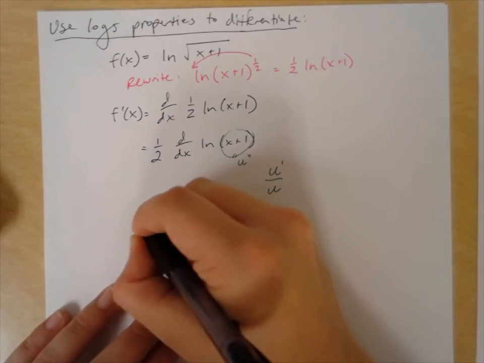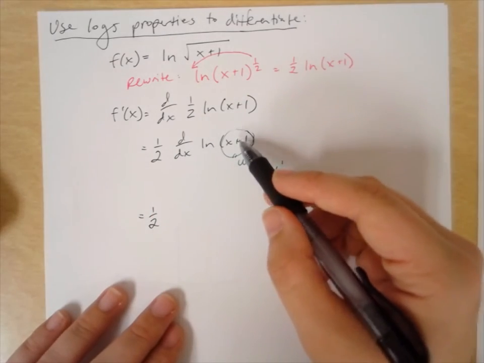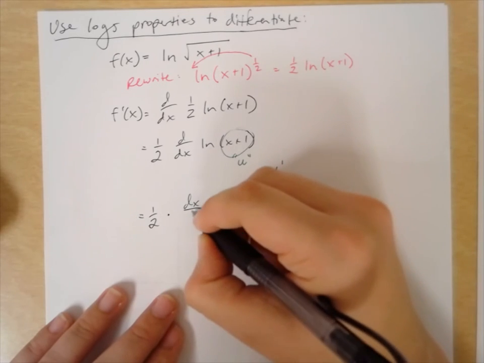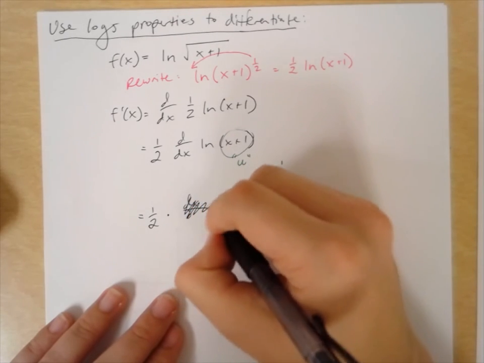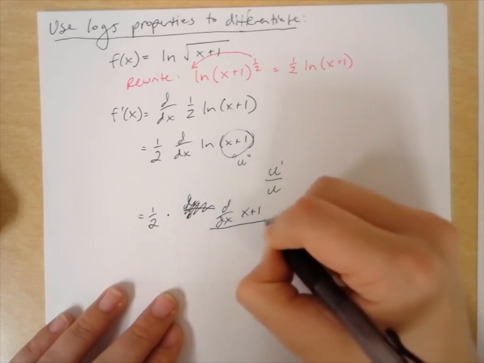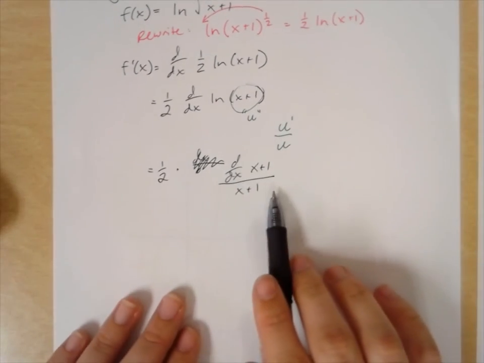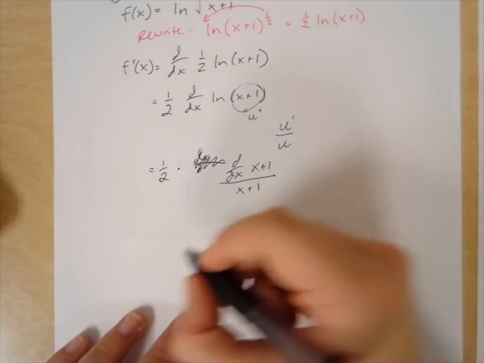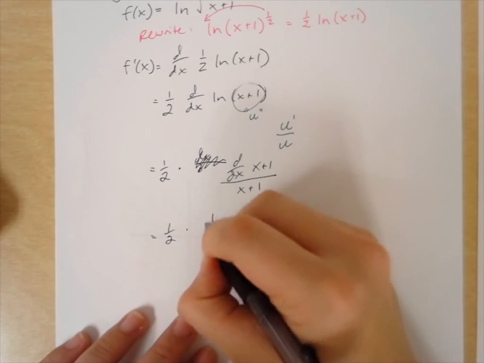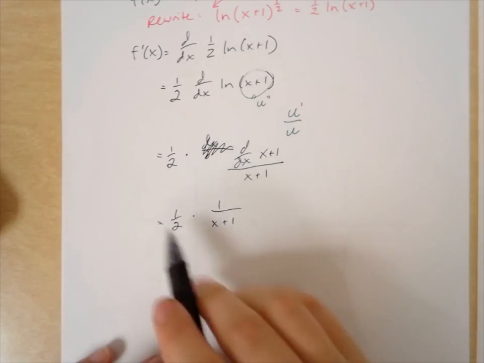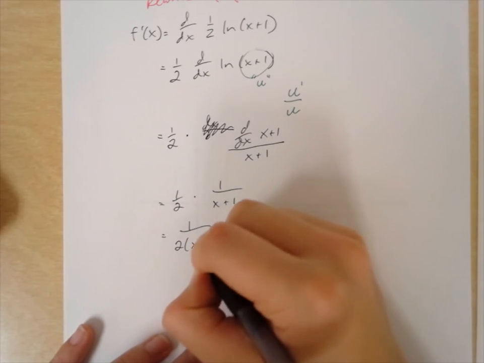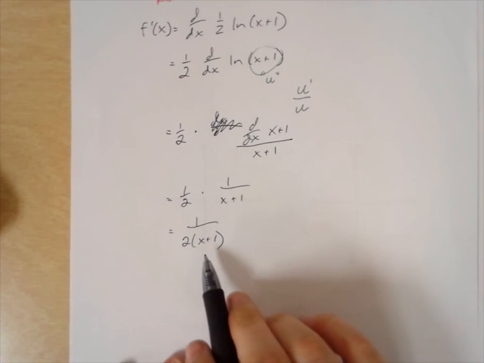So we still have 1/2 out front, but now we need to do times the derivative, d dx of x plus 1, all over x plus 1. And the derivative of x plus 1 is just 1. So we get 1 on top over x plus 1, and we get 1/2 times 1 over x plus 1, so we get 1 over 2 times x plus 1. And that is our final answer for f prime of x.